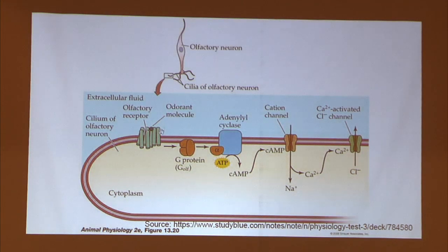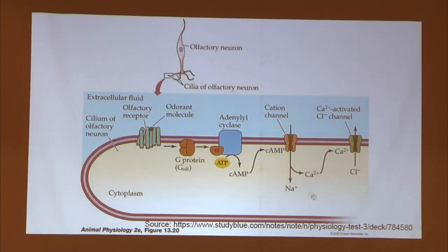So we have another G protein coupled receptor, and the odorant molecule is binding. The alpha subunit is activating adenylate cyclase. Again, adenylate cyclase is converting ATP to cAMP. And then cAMP, instead of activating a protein kinase, is going to activate this cation channel, which is going to allow calcium and sodium in. The calcium is then going to activate this chloride channel, and chloride is going to rush out.